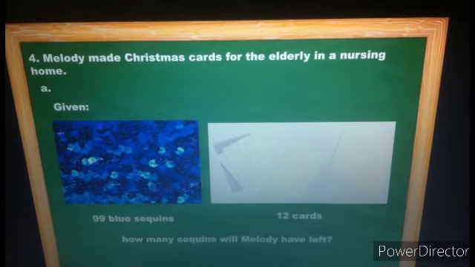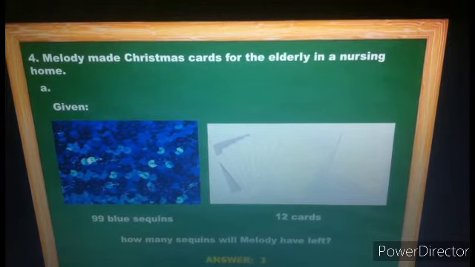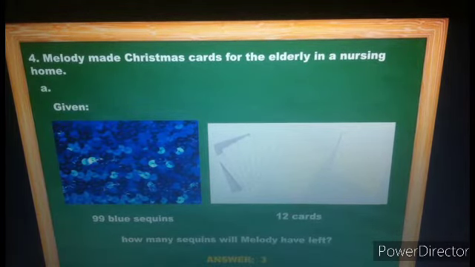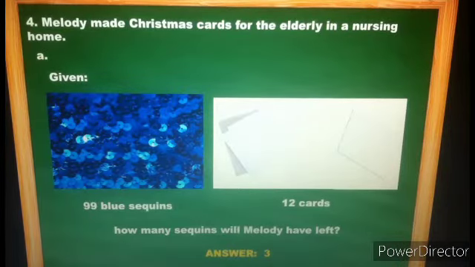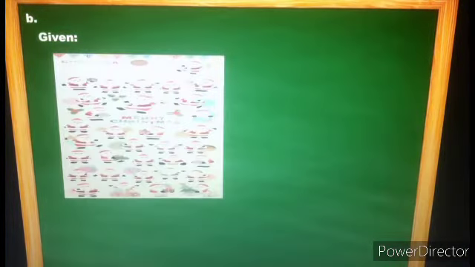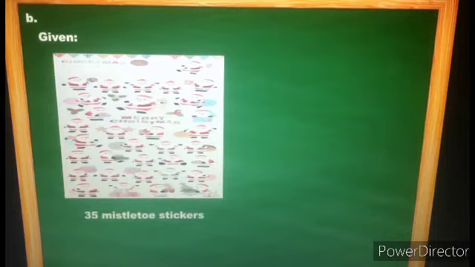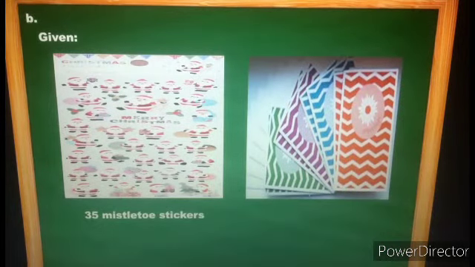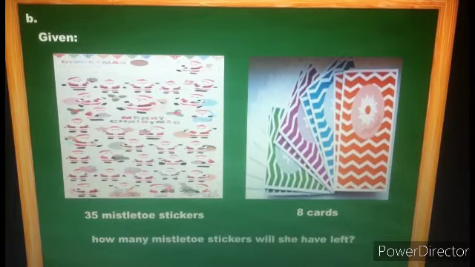Just focus on what is asked in the question and what is said in the problem, okay? Okay, the correct answer is 3 sequins only. Letter B. Melody had 35 mistletoe stickers and wanted to place them all equally in 8 cards. The question is, how many mistletoes will she have left?